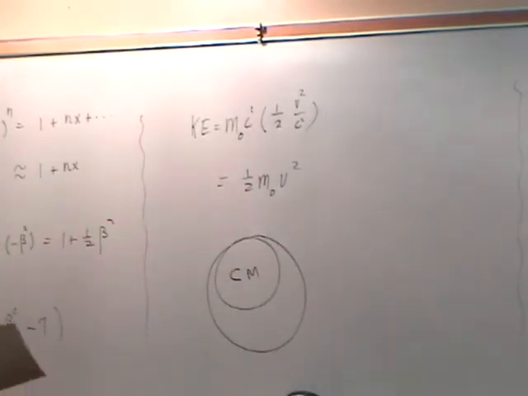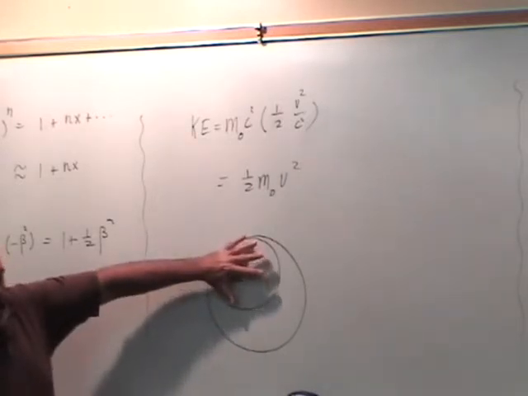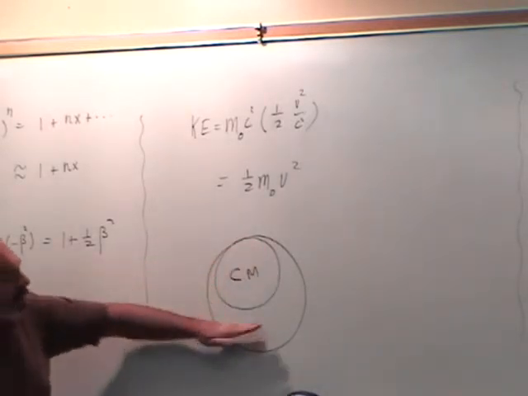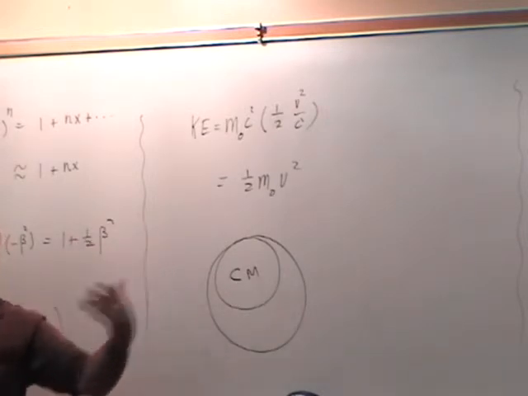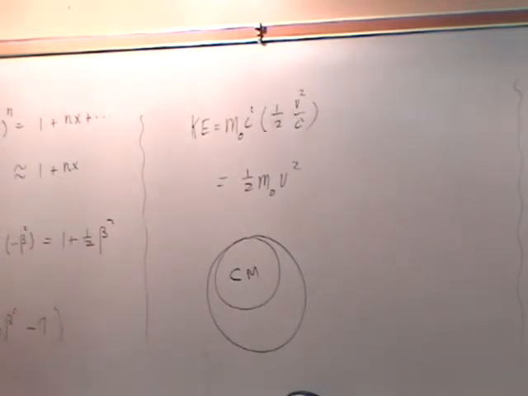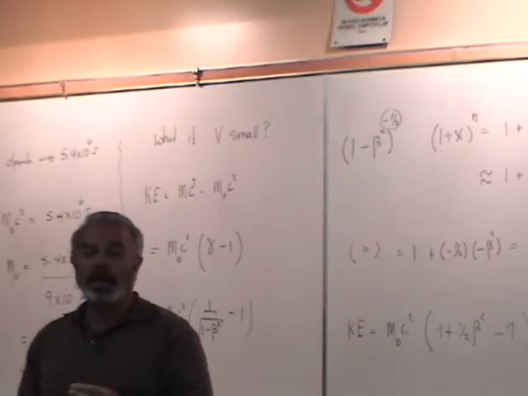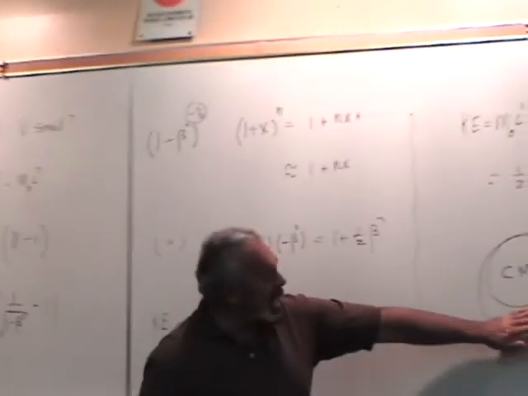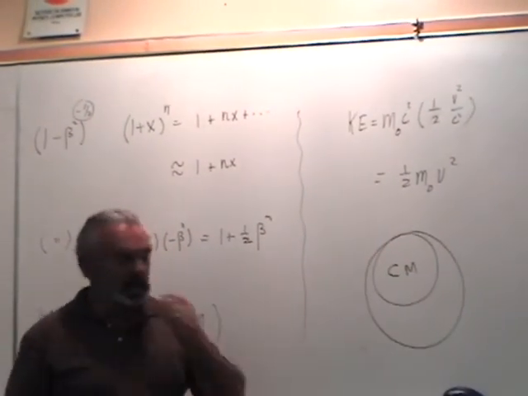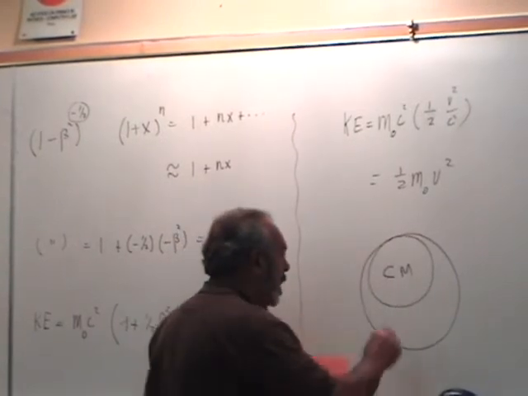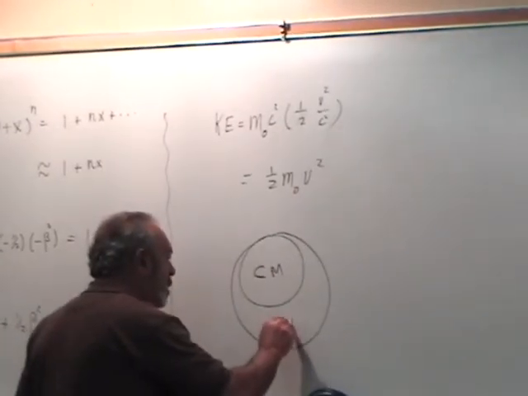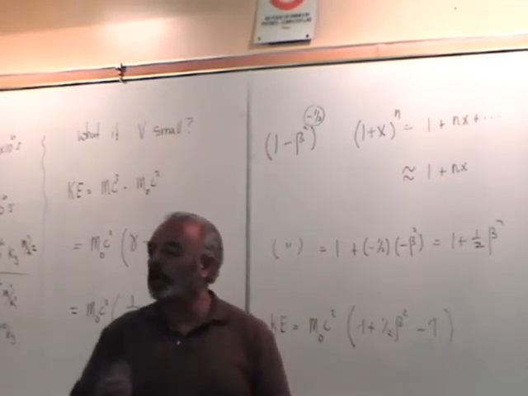Relativistic mechanics must completely encompass classical mechanics and then give you further solutions beyond what classical can do. Classical can only handle low velocity. Relativity should be able to handle both. If relativity is correct, then it must be able to handle high velocities and low velocities. So relativistic mechanics, RM, must completely encompass classical mechanics. That's a requirement.